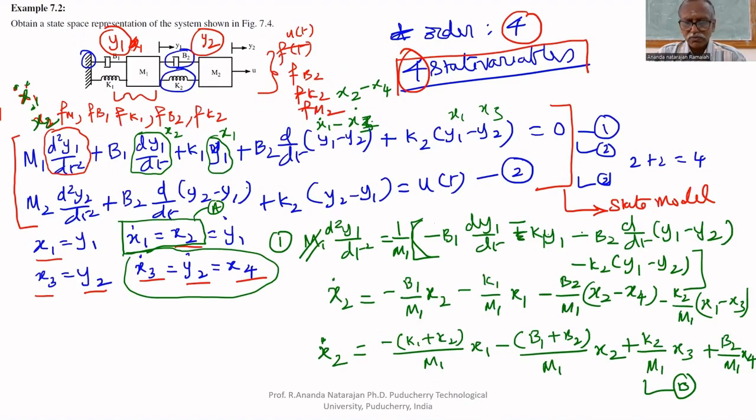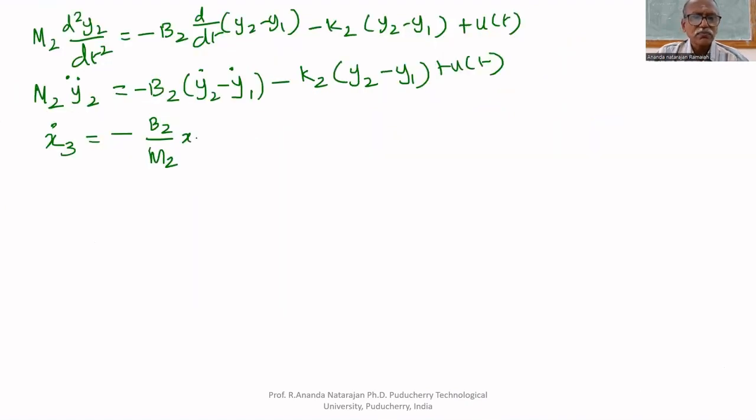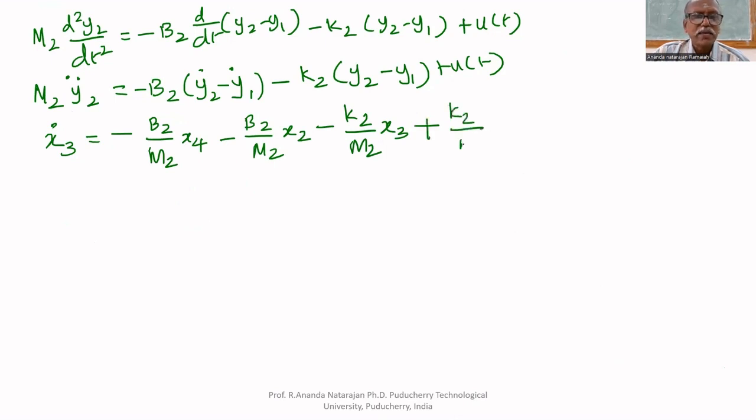Y2 dot is x4, minus b2 by m2, y1 dot equal to, y1 equal to x1, y1 dot equal to x2, minus k2 by m2, y2 is x3, plus k2 by m2.